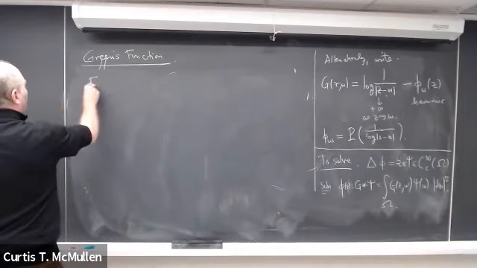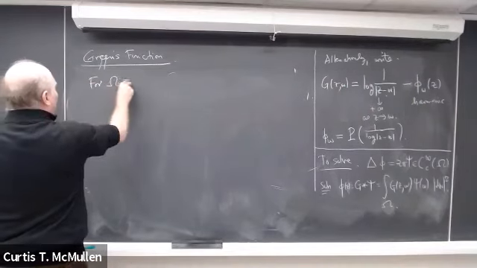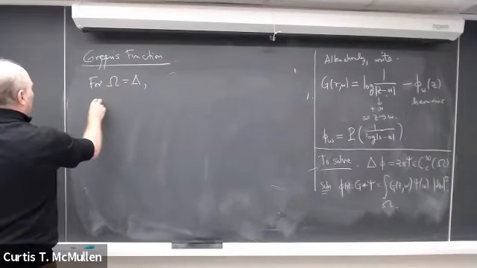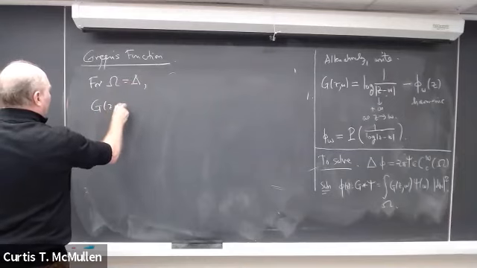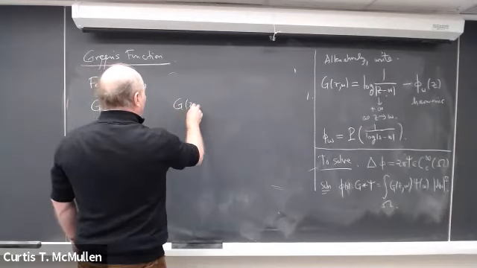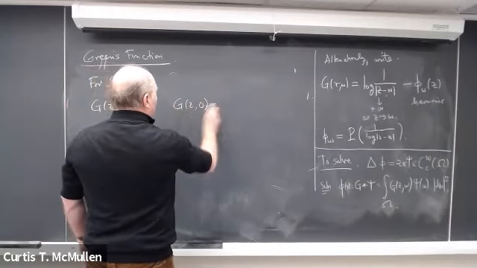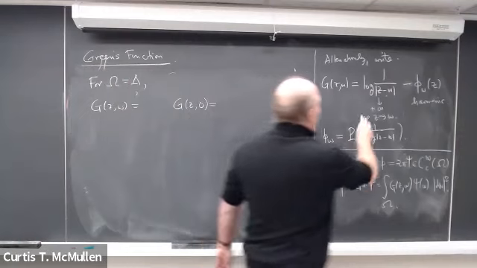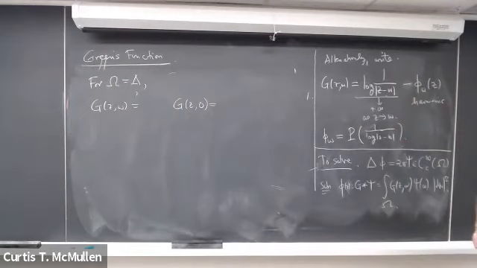So for omega equals delta, first, what does g of z, w equal? Well, first, g of z, 0 should be a function that blows up like this and vanishes on the boundary of the disk. It should blow up when w is 0.